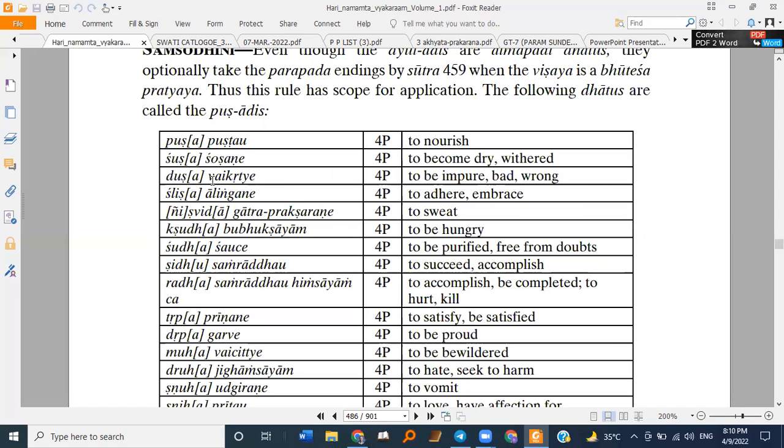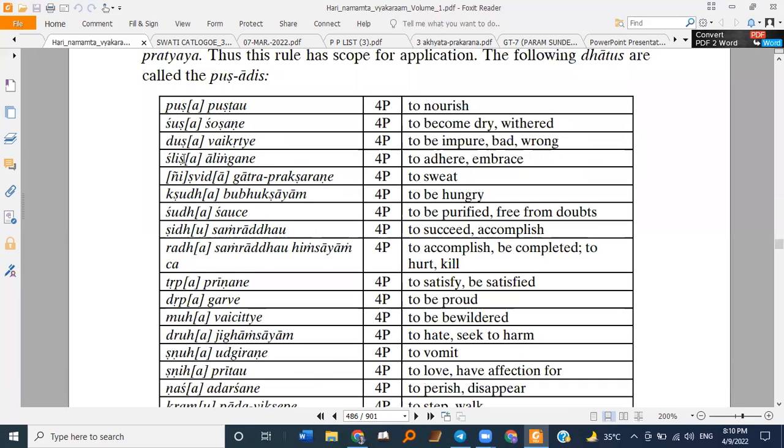Dosh, Shlisha Alingane, Ashlishya. So that Ashlishya is this dhatu, Shlish, embracing. Either you embrace, oh my God, or you Padratam, Pinashtu. You make powder of me. I mean, Pinashtu is like that only.